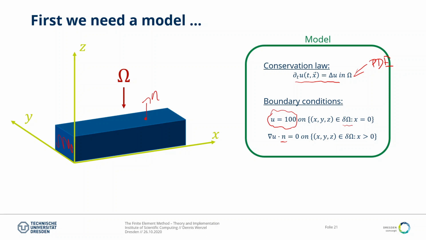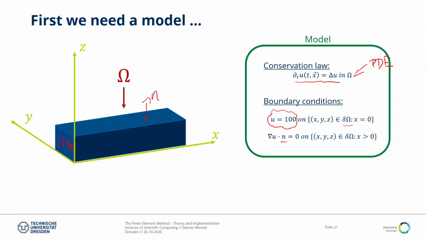The first problem is we have to explain to our computer what omega is. So the first order of business, try to capture omega in your computer. And although this is quite simple when talking about a brick, it is not that simple if you talk about a more complex geometrical shape.